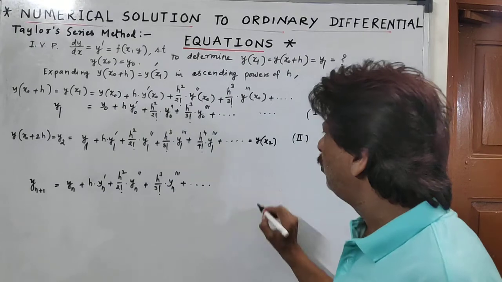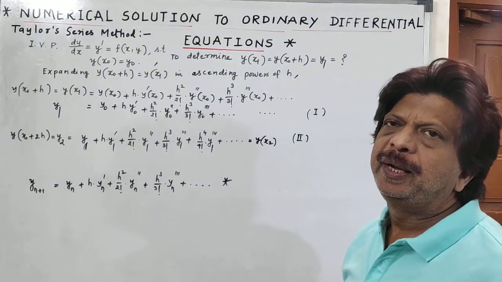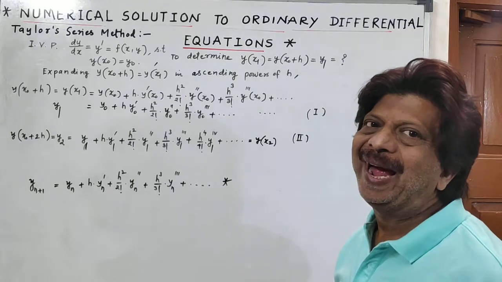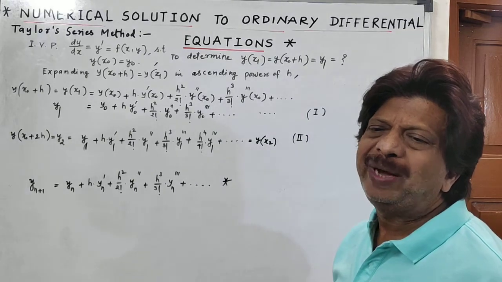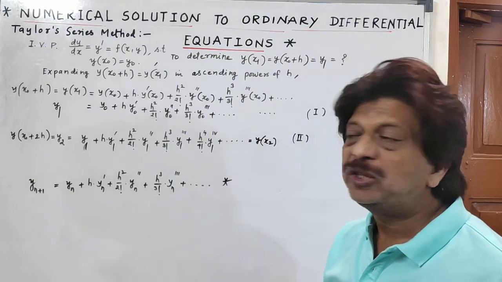This is the general formula for obtaining the successive values of y when x is equal to x1, x0 plus h, when x is equal to x2, x0 plus 2h and so on.